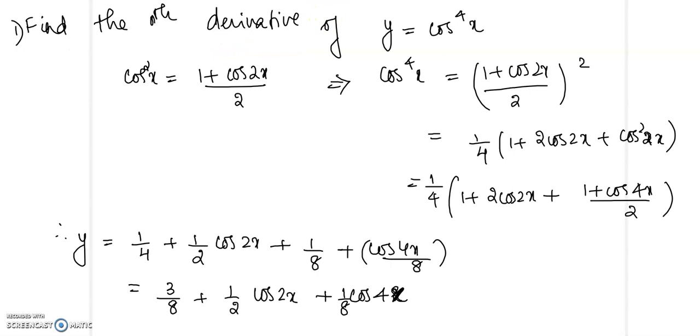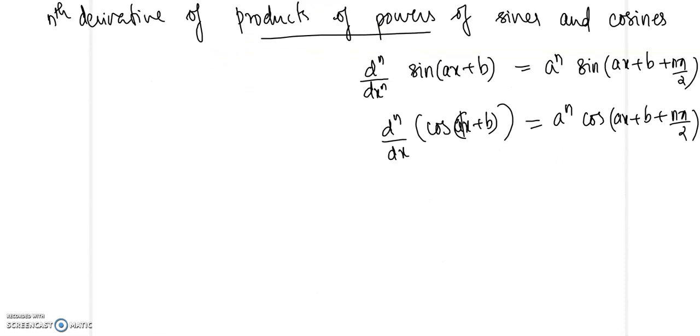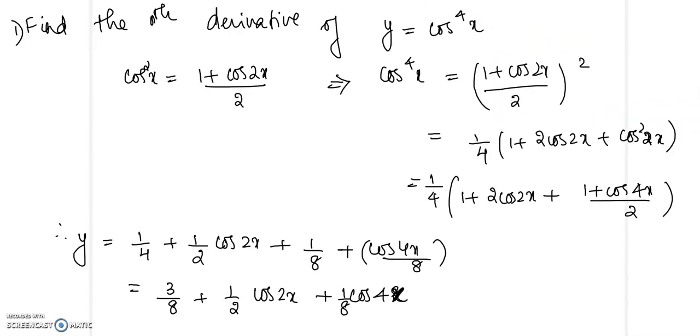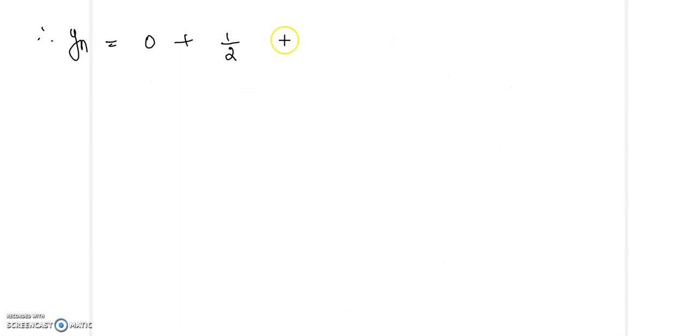Now therefore the nth derivative will be, so the first term is 3 by 8, nth derivative of 3 by 8 is 0. Then 1 by 2, we need the nth derivative of cos 2x. Cos ax plus b nth derivative is a raised to n cos ax plus b plus n pi by 2. So here cos 2x gives 2 raised to n cos 2x plus n pi by 2.